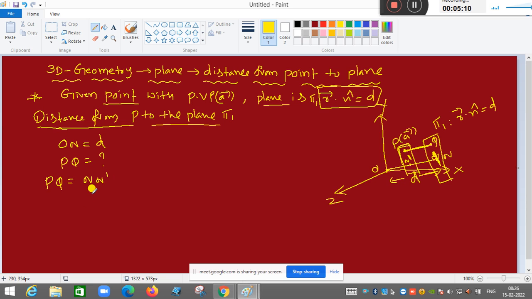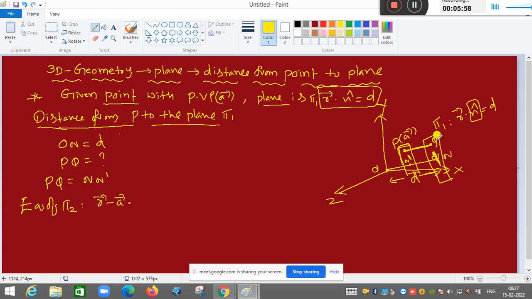Now we write the equation of phi 2. Because phi 2 is passing through a bar, and this second plane is perpendicular to n cap, since n cap is the normal unit vector to the first plane.